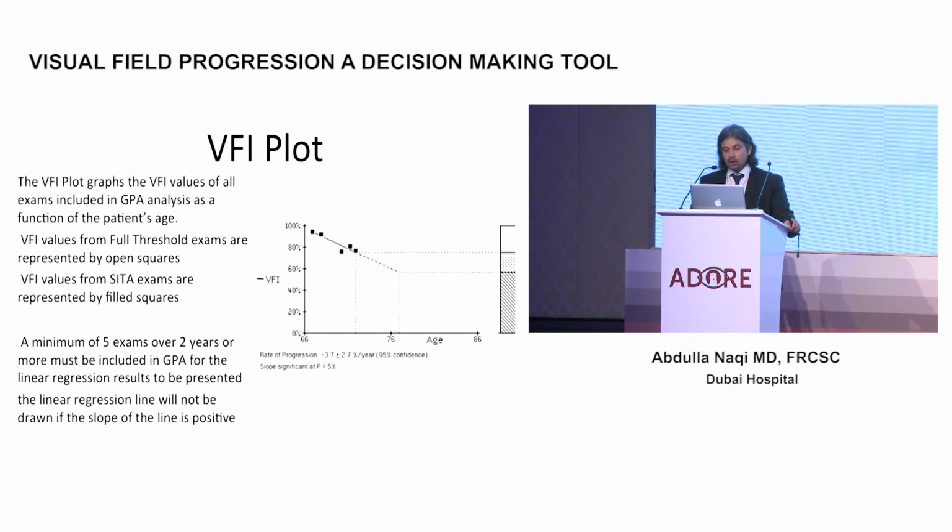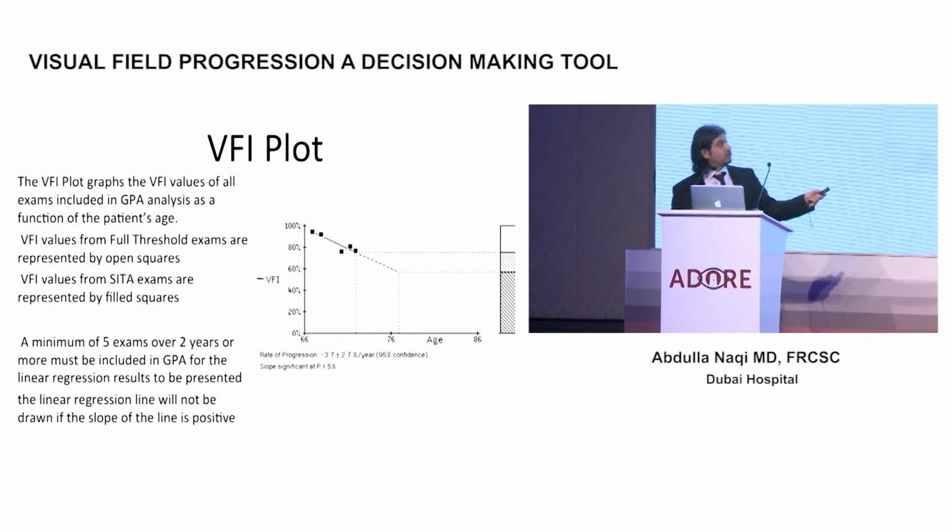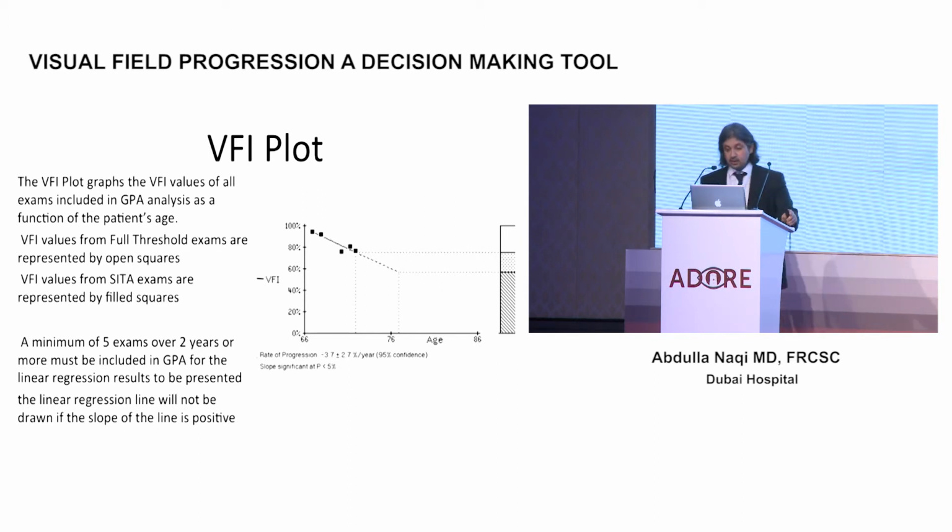So it plots the visual fields against a regression graph. We've talked earlier about a fixed rate of progression, but we need to know if this progression is faster, like in this patient at -3.7.